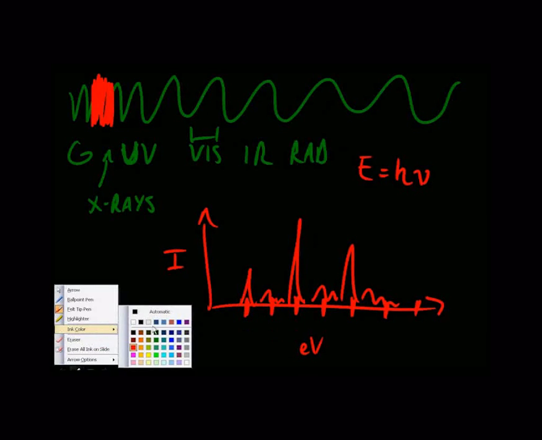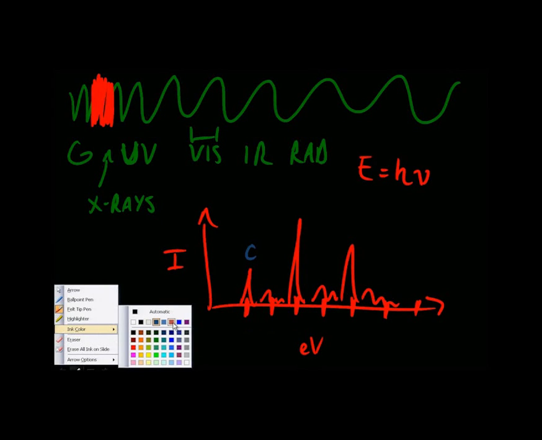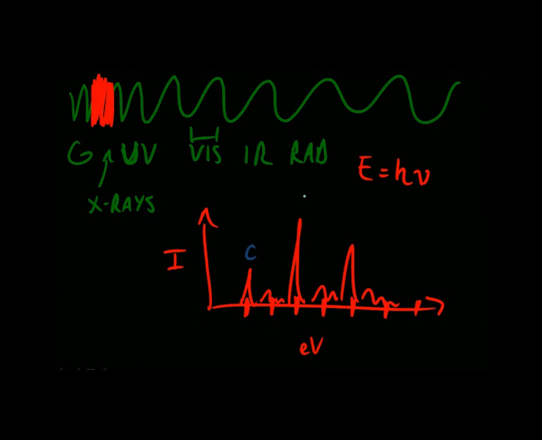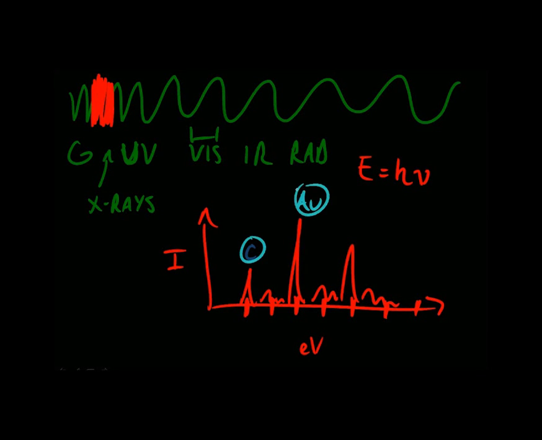For example, maybe a spike here means we have carbon present in our sample, whereas a spike at a different energy means we have gold present in our sample. The software will analyze the energy levels at the highest intensities and then tell you what elements are present in your sample.